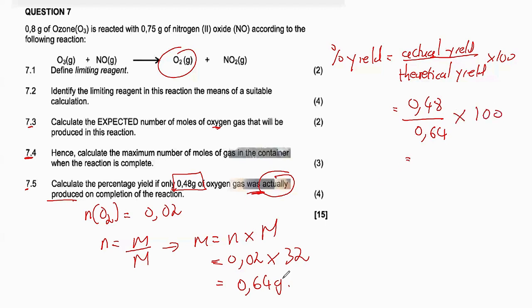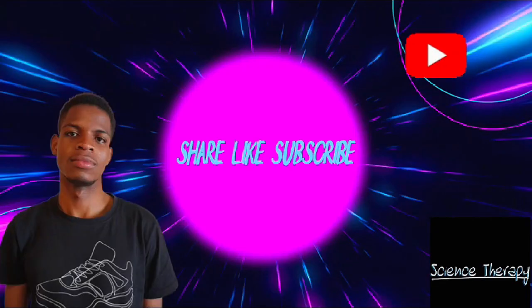So now we want to find the percentage of the actual versus the theoretical, what was actually produced versus the one that we expected. So 0.48 divided by 0.64 multiplied by 100. So we get that the percentage yield is 75%. So that's how you were supposed to go about answering that question for a total of 4 marks. So all in all, the question was about 15 marks. So pay attention to everything that I did here.